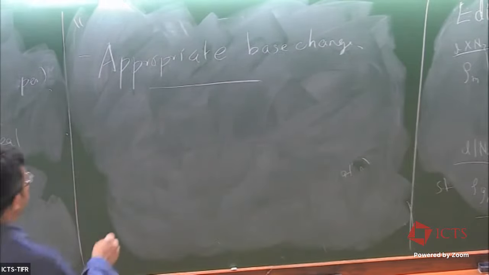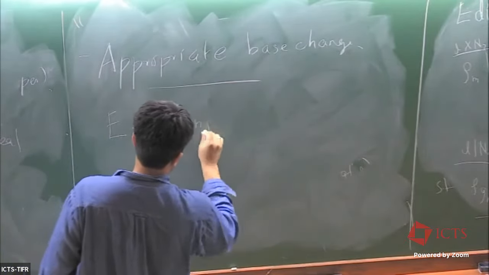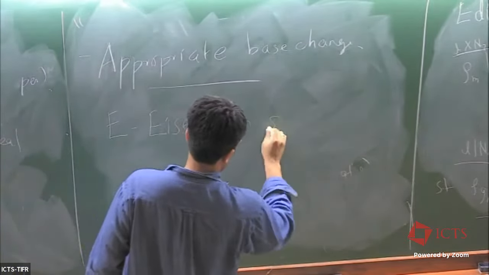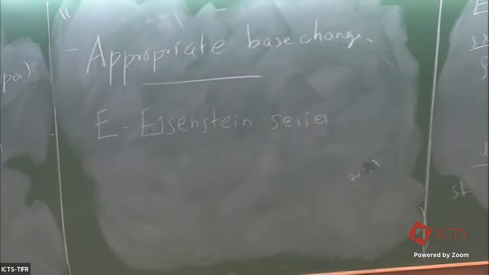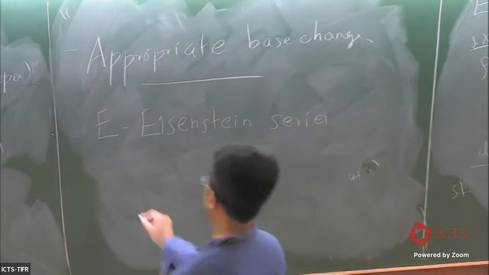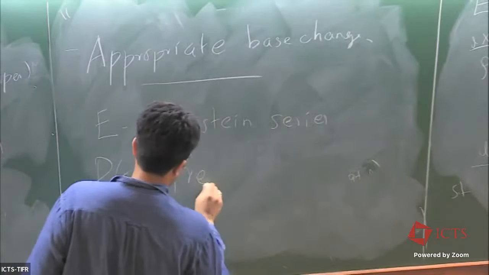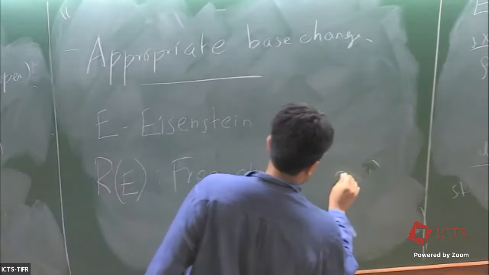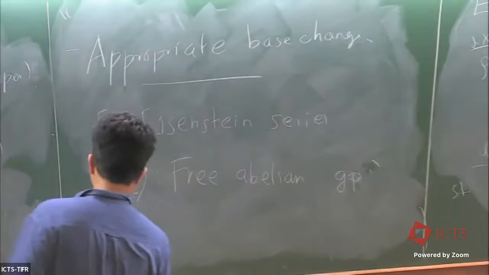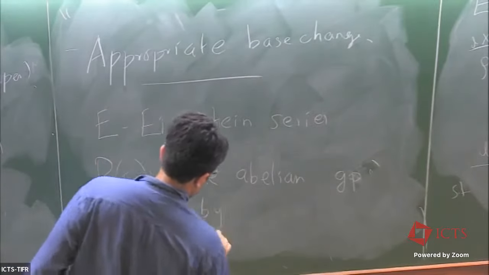So this C, we have the Eisenstein series E. As I told you, this E has poles on the boundary. Okay, and let's take this RE. This is a free abelian group generated by the residues.